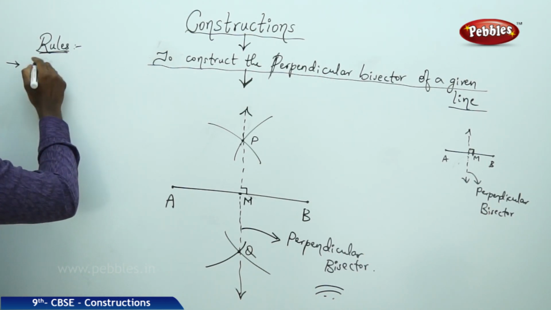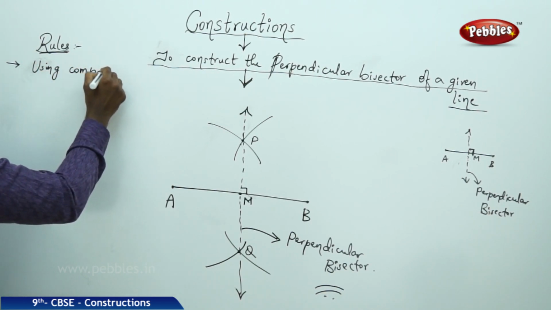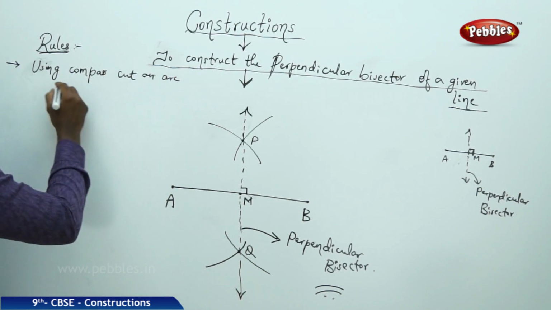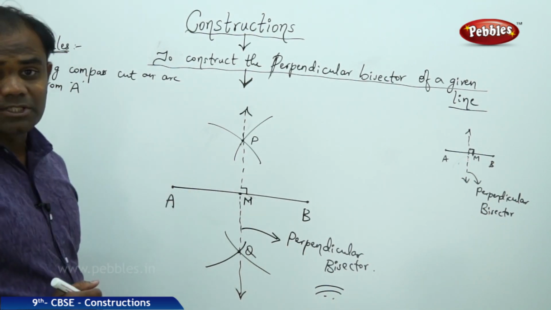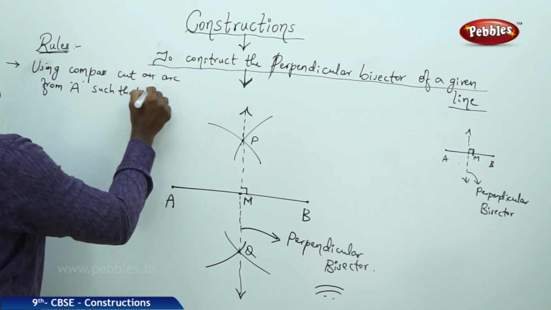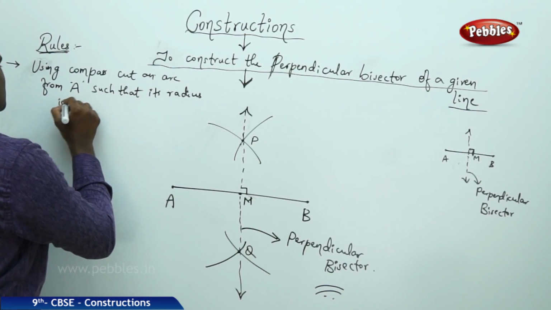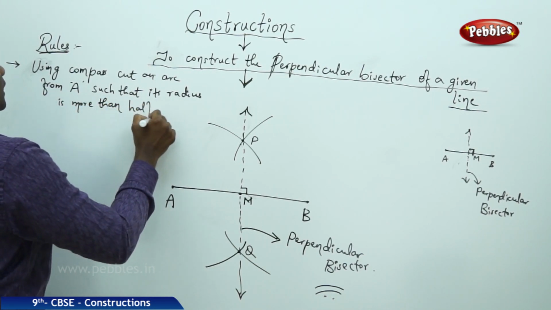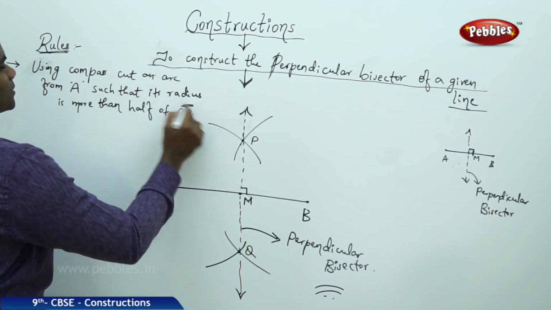Using the compass, cut an arc from point A such that its radius is more than half of length AB. This is very important.